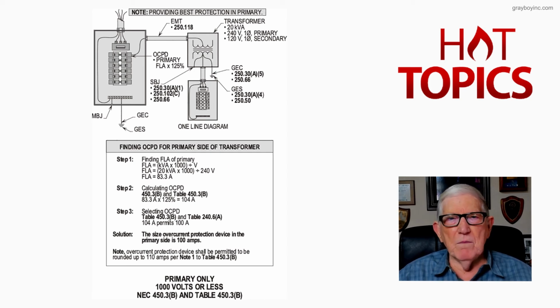Because remember, 120 into 240 is a 2-to-1 ratio. So if you were pulling 83.3 on the primary, you could multiply by 2 and that would give you what that secondary side would be. And on the secondary side, divide by 2, and that'd give you what the primary would be.